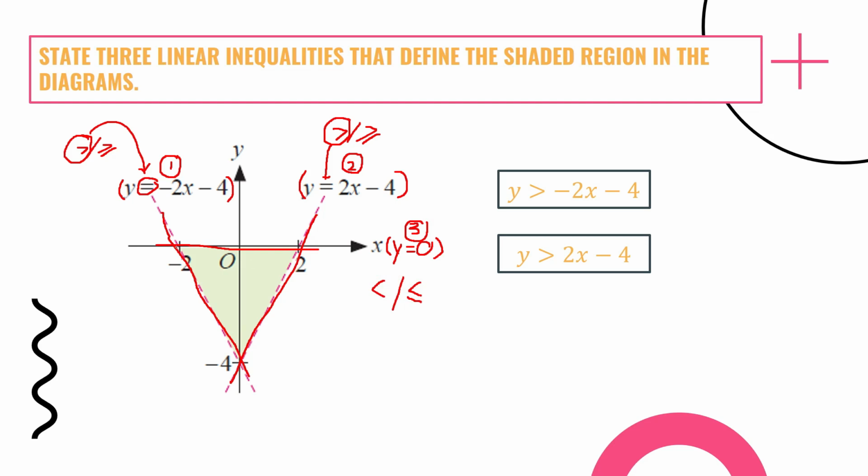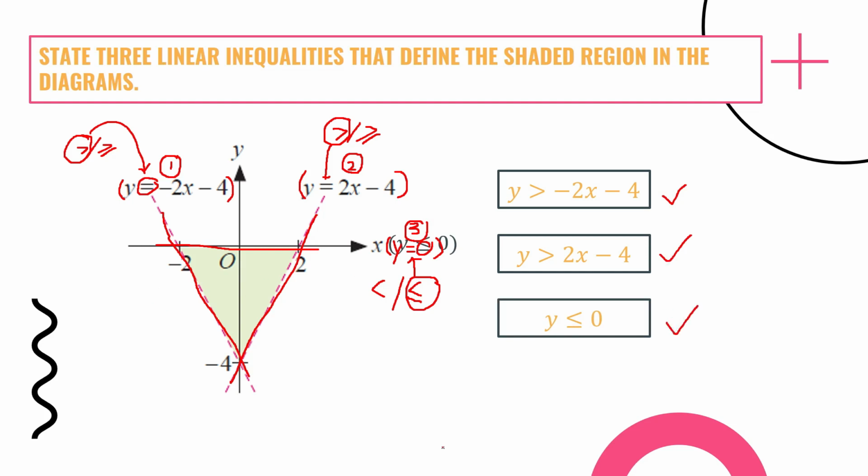From this graph, the x-axis line is a solid line, so we will use the sign lower than or equal to replace this equal sign. So the third linear inequality is y lower than or equal to 0. These are the three linear inequalities that define the shaded region in this diagram.